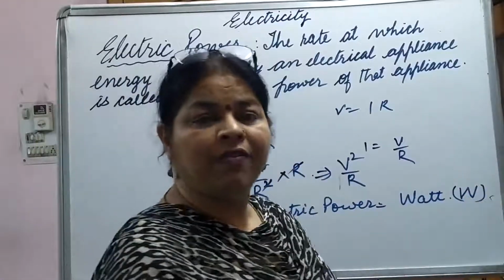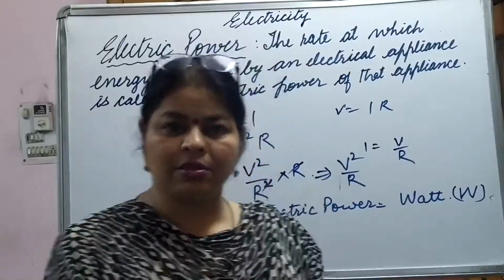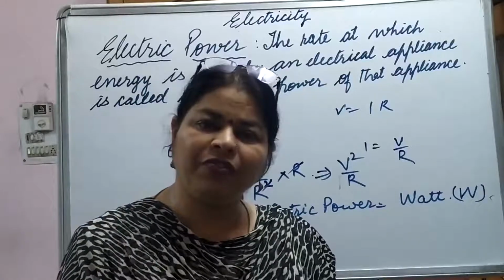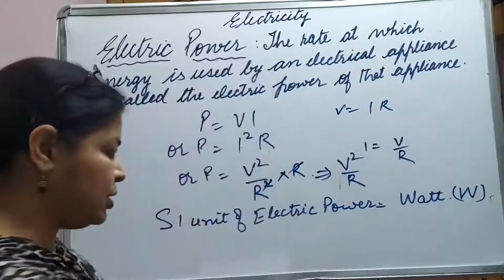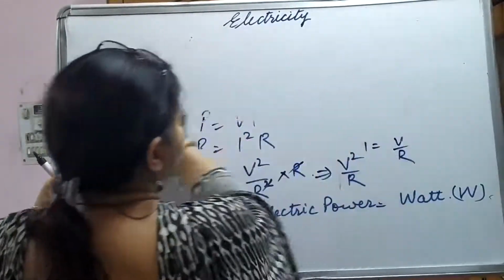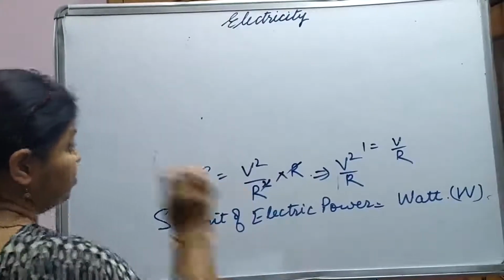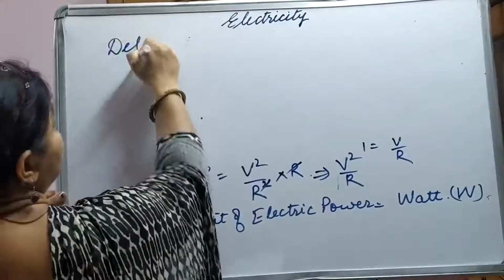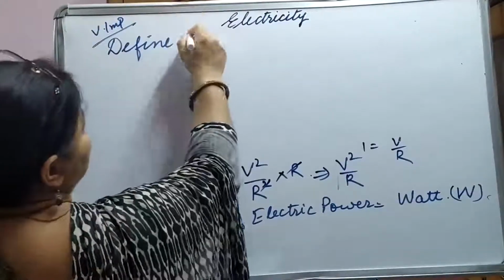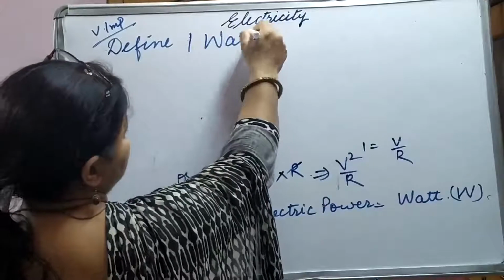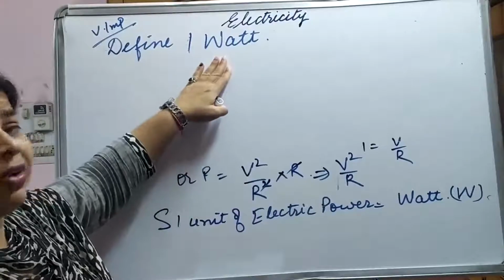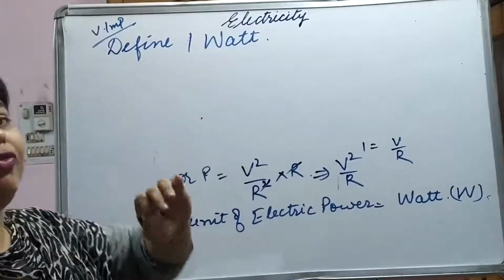Now the power consumed by a device, if I ask you, define 1 watt. Define 1 watt, an important concept. What do you mean by 1 watt? Very important. When do we say that an electrical device shows power of 1 watt?